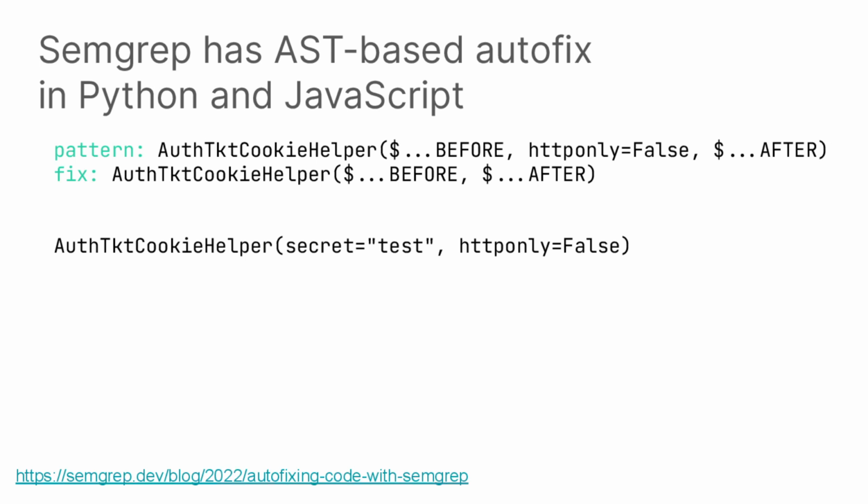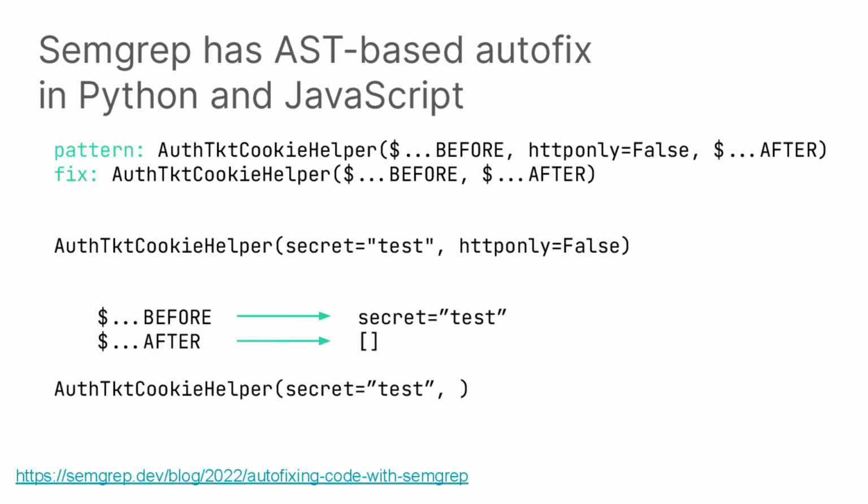If we parse this code example to a syntax tree, the before is secret equals test, then we have our HTTP only equals false, but the after ellipsis is actually empty. So if we replace this in our autofix, you can see that we have a comma too much, and this is actually invalid Python code.